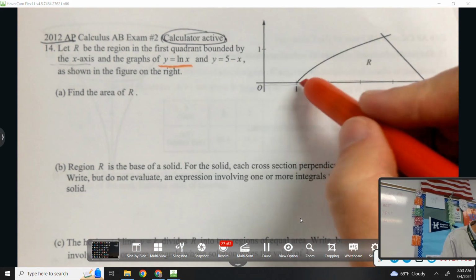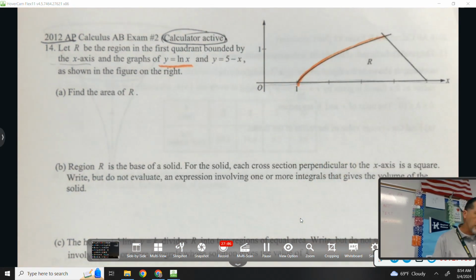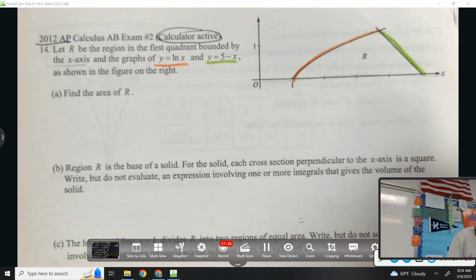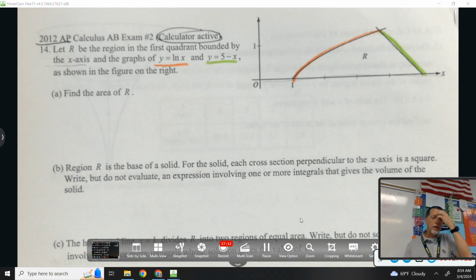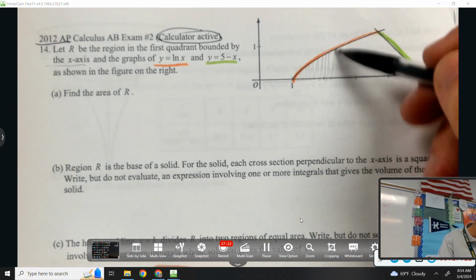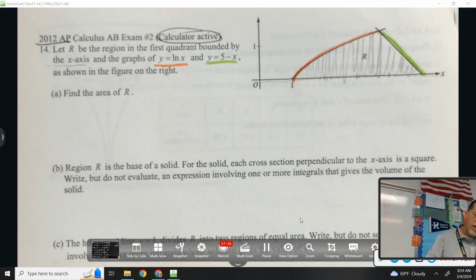And I can put it in my calculator, and I probably will, but I can also just tell by looking which one is which, because one of them is a line and one of them is not a line, so I know who's who here. Okay, so that's the region R. Part A, find the area of R.